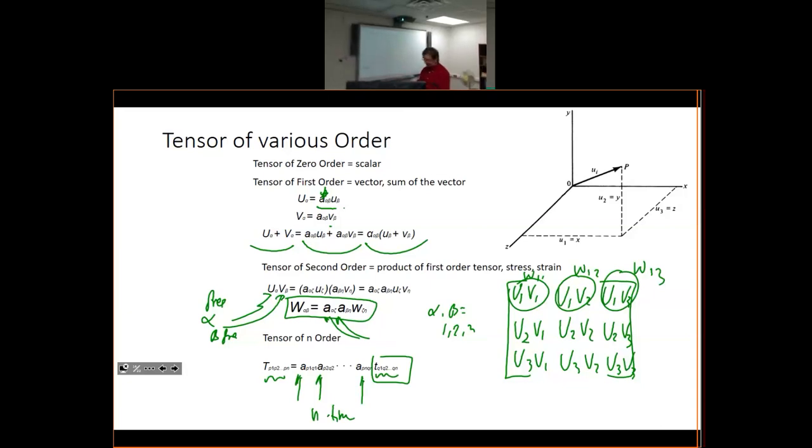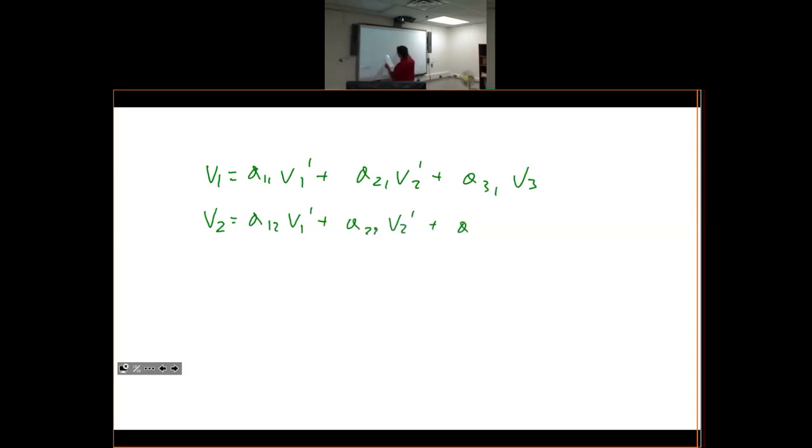So if we want to get back to our vector, V1 could be A11 V1 prime, if we want to go from prime to unprime coordinate system, plus A21 V2 prime plus A31 V3 prime, and V2 is A12 V1 prime plus A22 V2 prime plus A32 V3 prime, and V3 is A13 V1 prime plus A23 V2 prime plus A33 V3 prime.